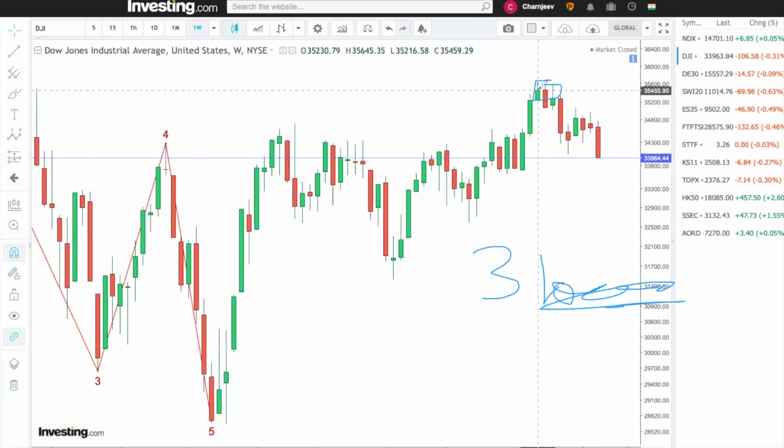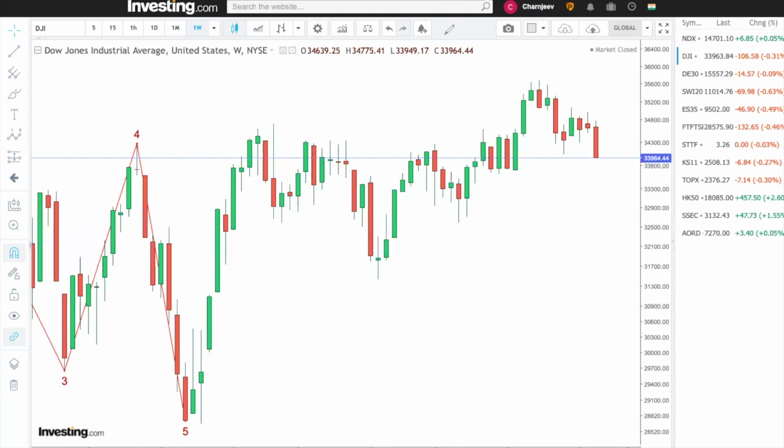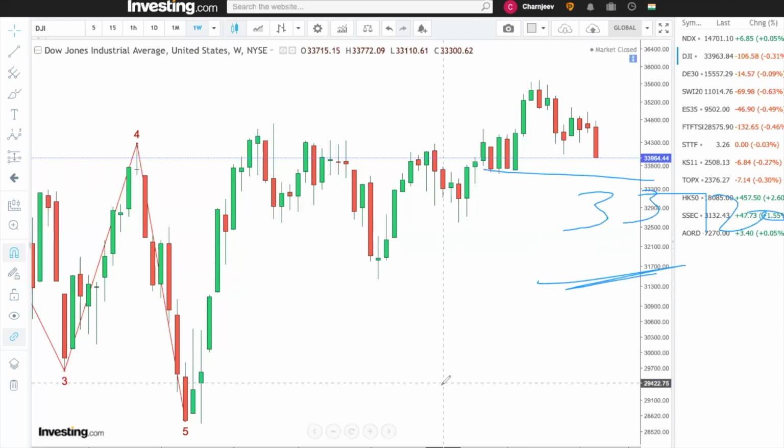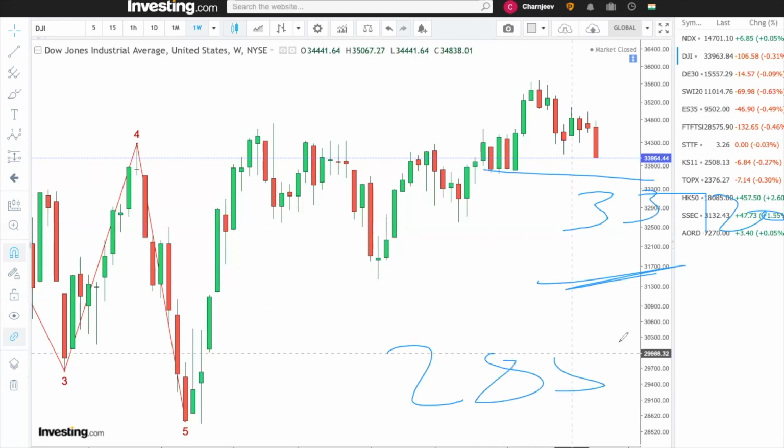One can see that after making a correction and then going sideways for a month, the Dow just slipped this week with a very sharp candle. It's a huge candle, and it will have a great impact in the coming months. The projection remains the same. Once the weekly close of the Dow comes below 33,720, we are likely to watch the levels of 28,500.